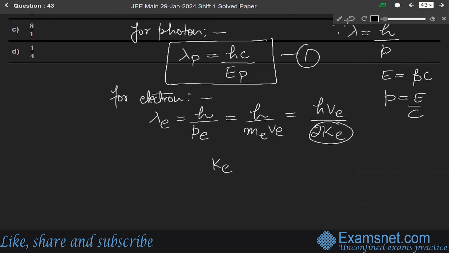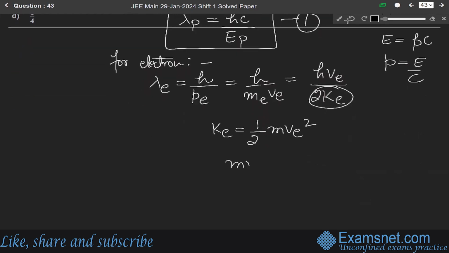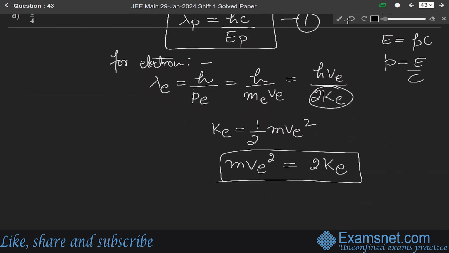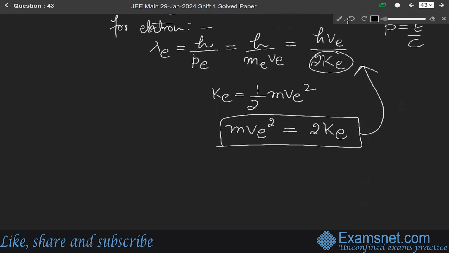Since kinetic energy equals half m v square, half m ve square for electron, which equals KE. Here we have multiplied the numerator and denominator by ve. So we get h ve over m ve square. In place of m ve square, we have written 2KE. So lambda e will be equal to h ve over 2KE.